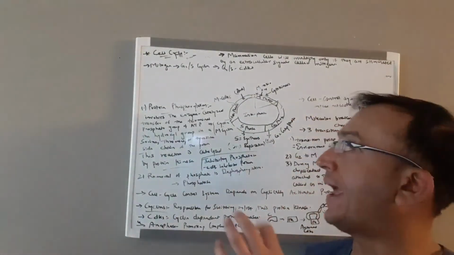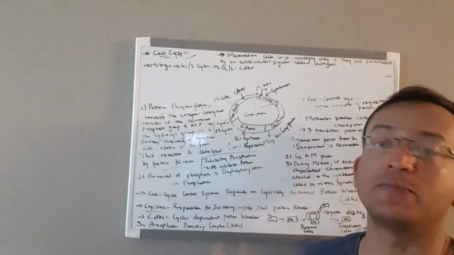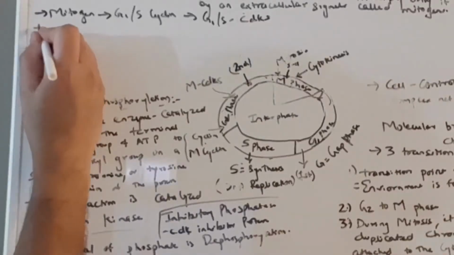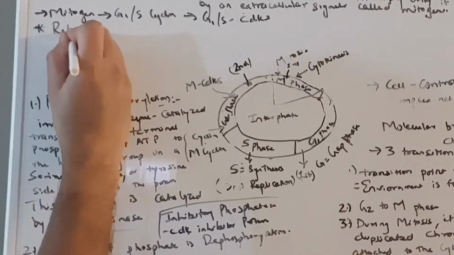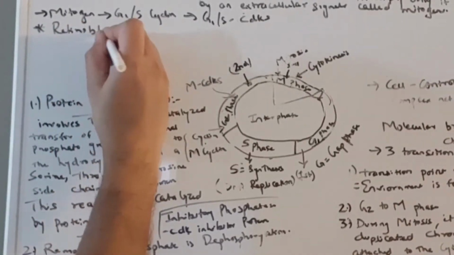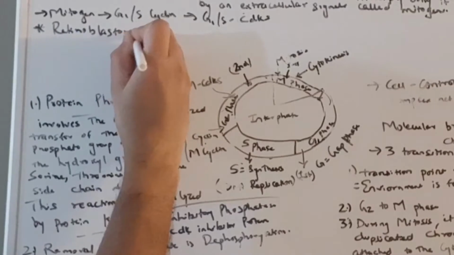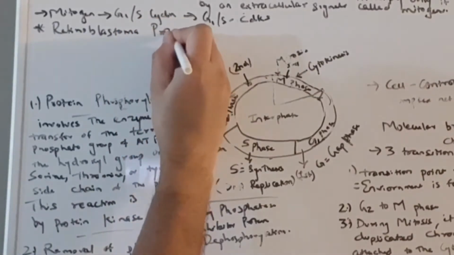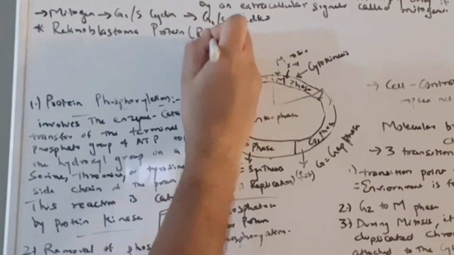And the crucial negative control of this cell cycle arrest is mediated by the retinoblastoma protein, also known as RB protein.